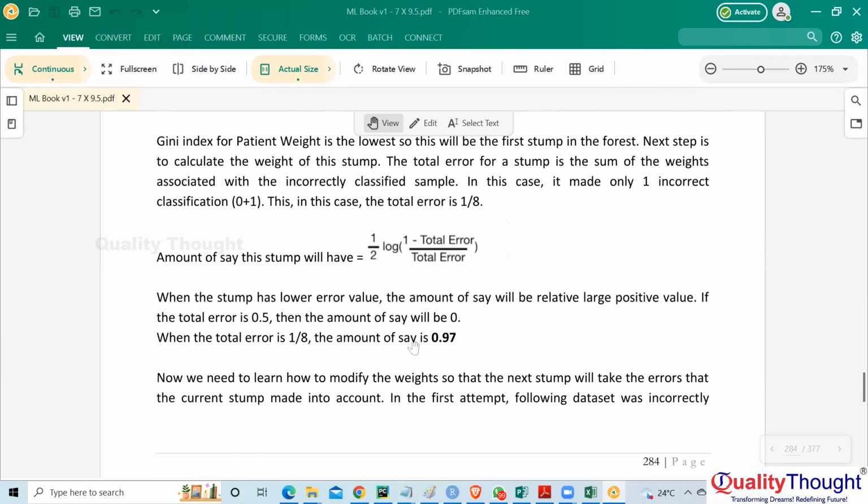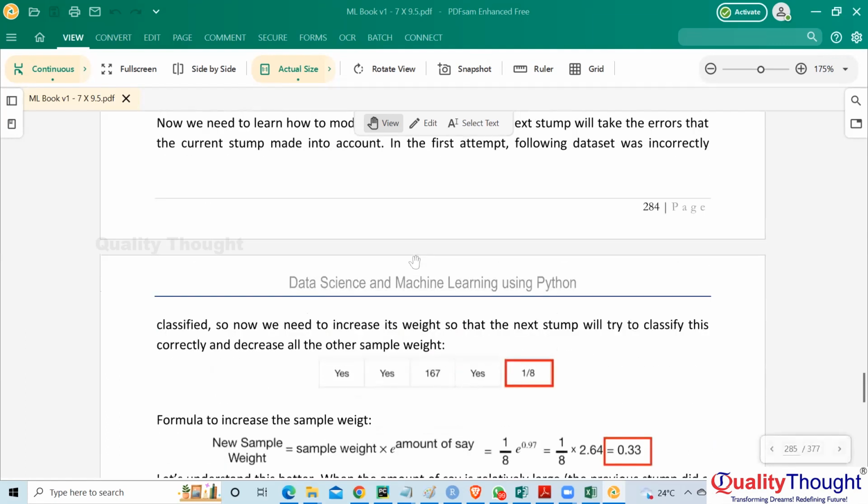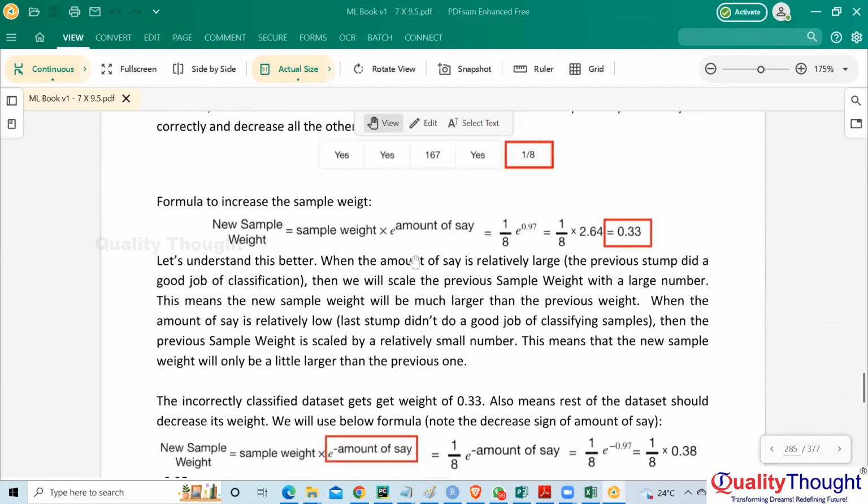Here you see it is half of the log of 1 minus total error, divided by total error.